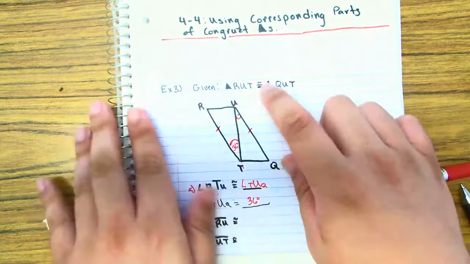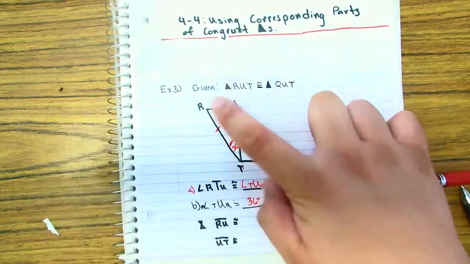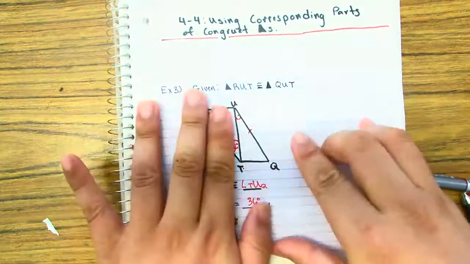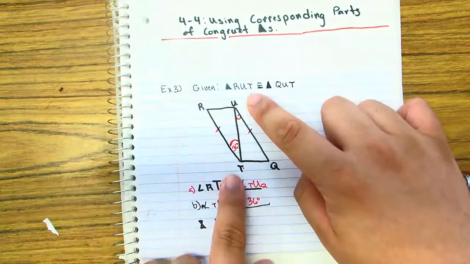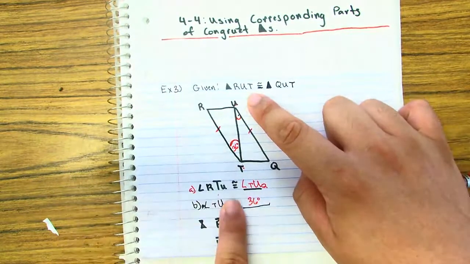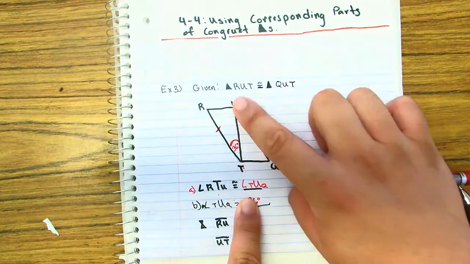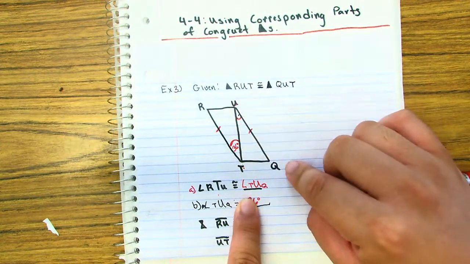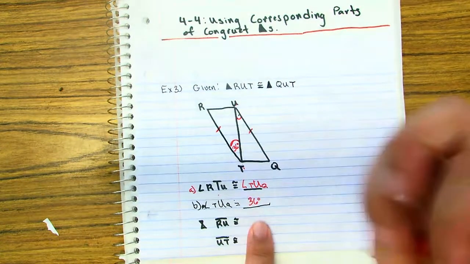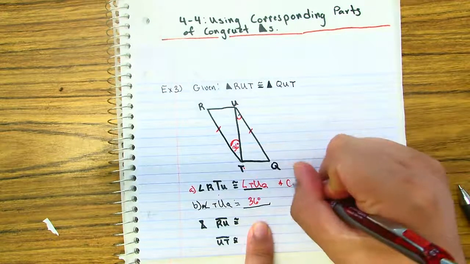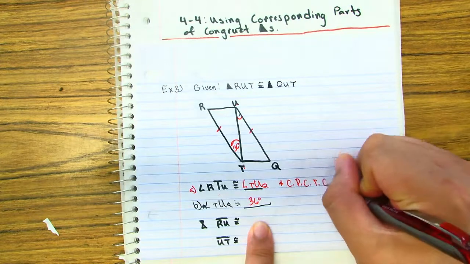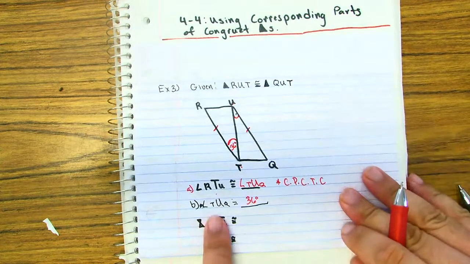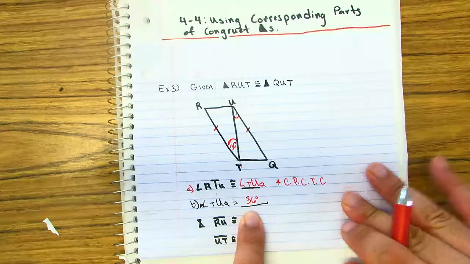So now, you're given the fact that both triangles RUT and QUT are congruent, and angle RUT is congruent to TUQ because of the corresponding parts of congruent triangles are congruent, then you know that the value of angle TUQ is equal to 36 as well.